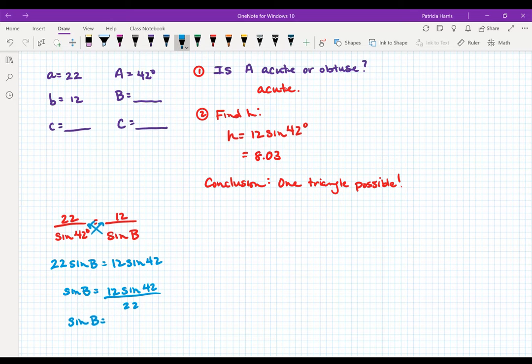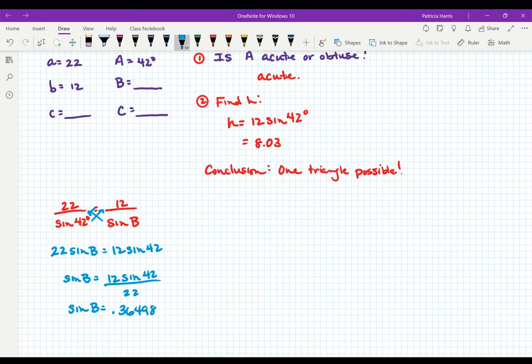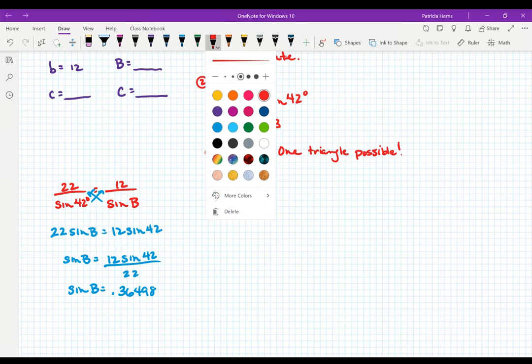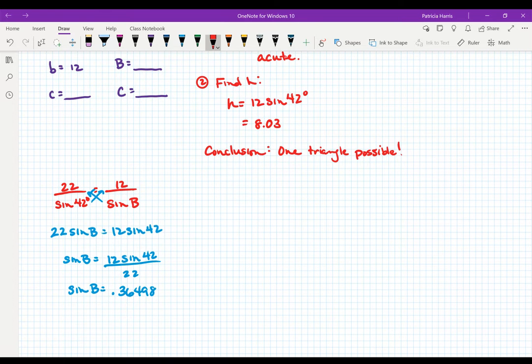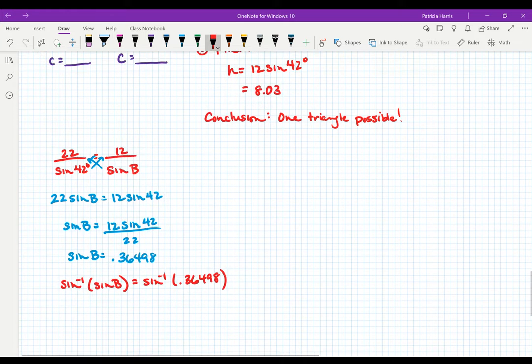If I use my calculator, I get 0.36498. Using sine inverse, making sure your calculator is in degree mode, I get 21.4 degrees.